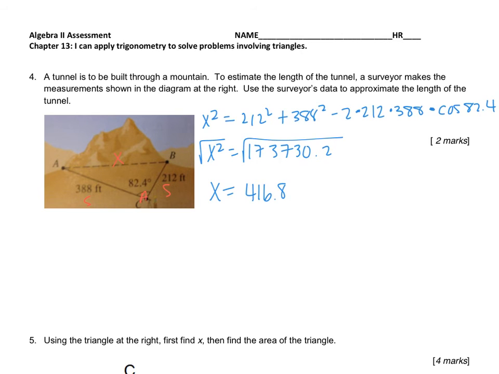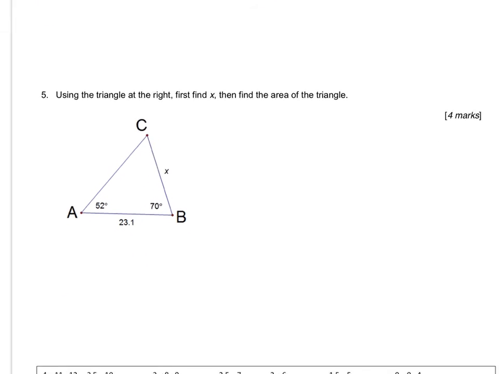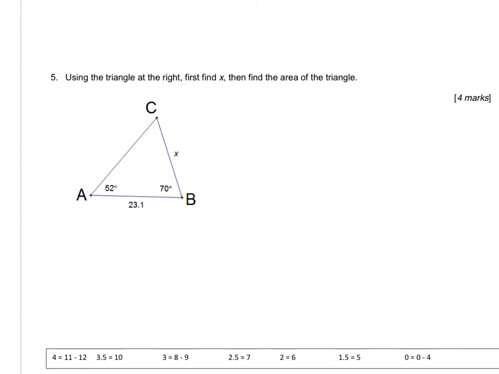There it is. So question 5, using the triangle at the right, first find x, then find the area of the triangle. So to find x, I'm going to use law of sines. So we can figure out this missing angle pretty easily. 180 minus 52 minus 70, and we've got 58 up top here.